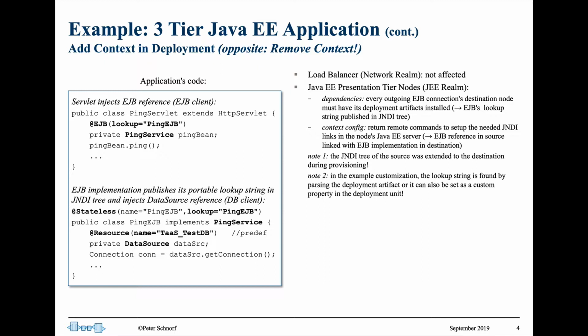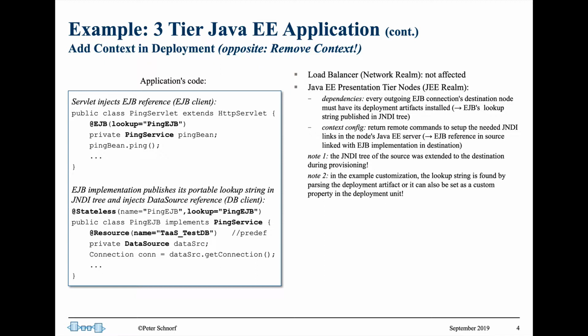That's the dependencies that we have there. And the actual context configuration will take this information by executing remote commands to set up the JNDI links in the node's Java EE server.